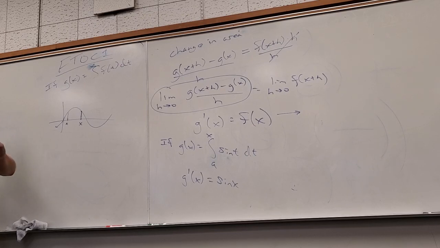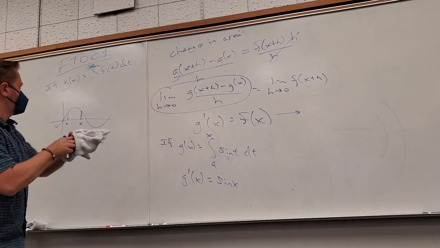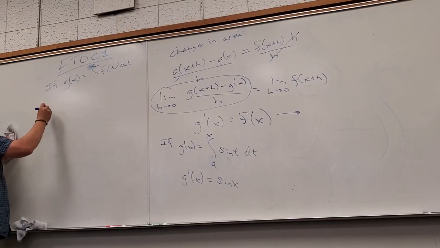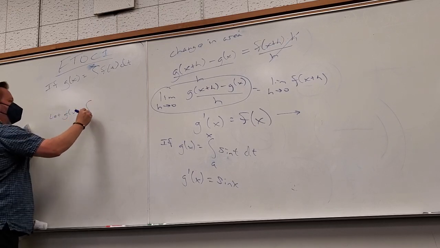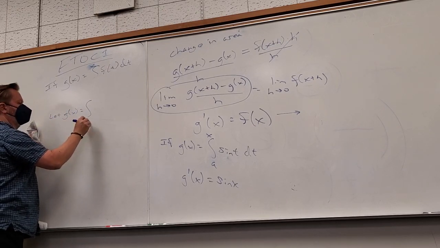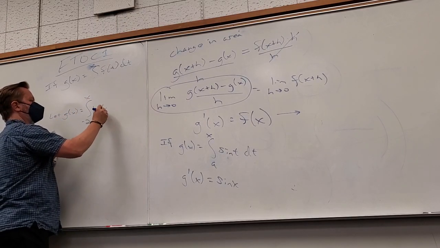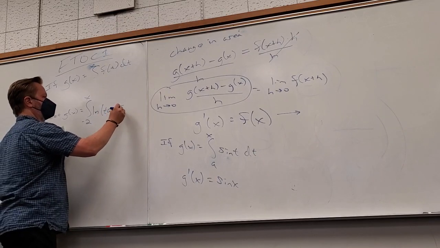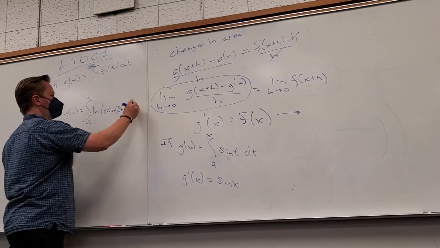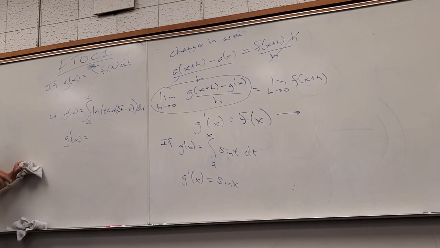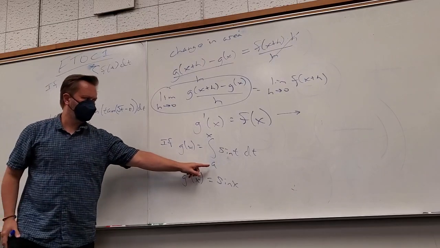All right. Let's do another one real quick, and then I'll do the little side note that makes this more impressive. So let g of x equal the integral from -2 to x of the natural log of tangent of square root of t minus t dt. What's g prime of x? What does a mean here?